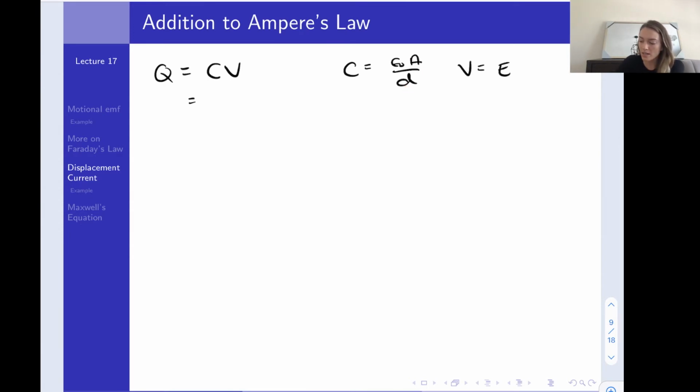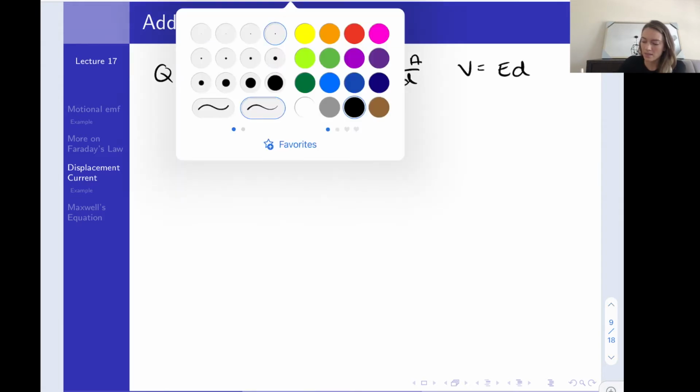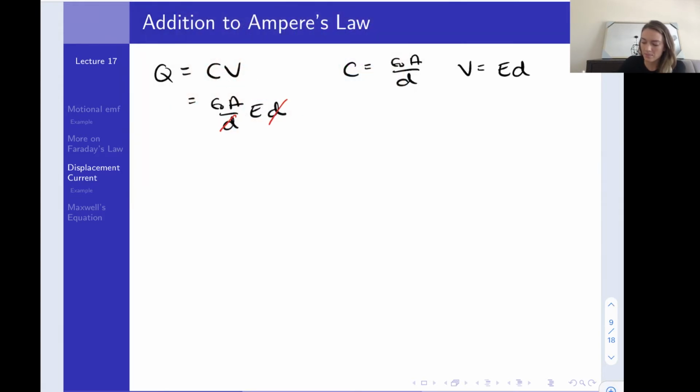And the voltage I can rewrite as the electric field times the distance between my two plates. So I'm just going to substitute these two equations in here. So I have epsilon naught A over D, and then I have E times D. See that my D's cancel. So I'm left with Q equals epsilon naught EA.